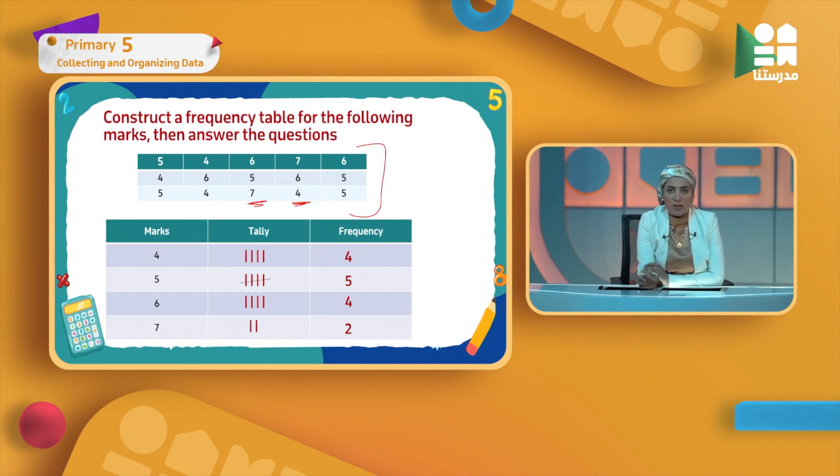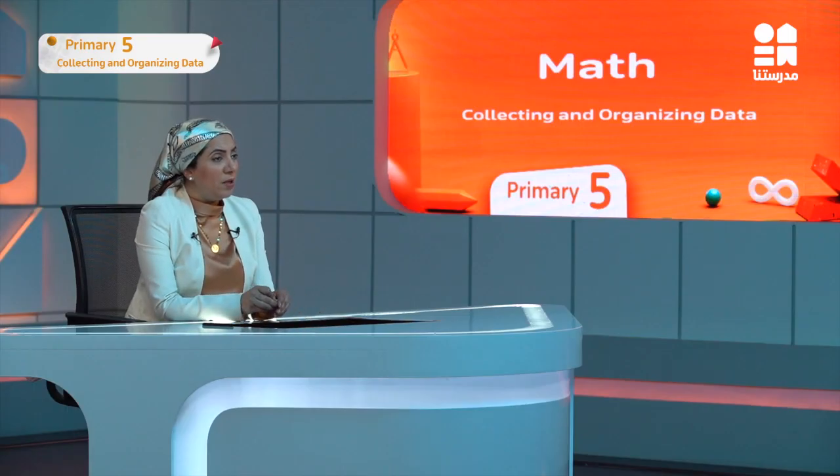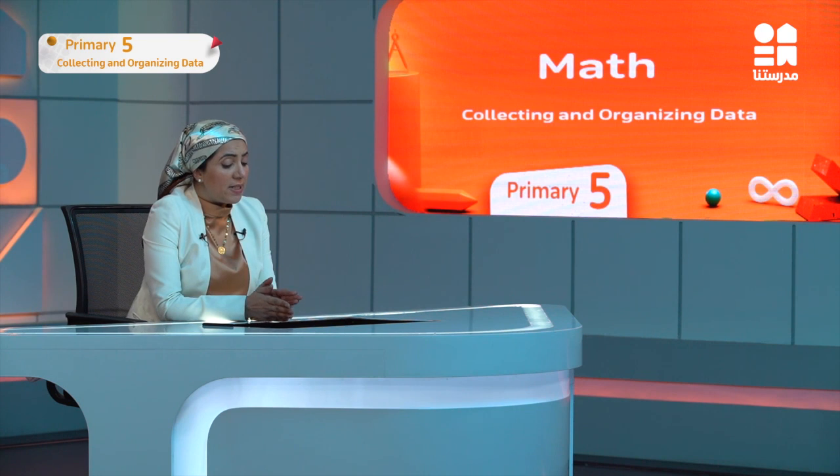We counted how many times each mark took place in my table and wrote them in the form of tallies. After we filled in the tally column, we translated it into frequencies, or numbers, to tell us how many times every mark took place.